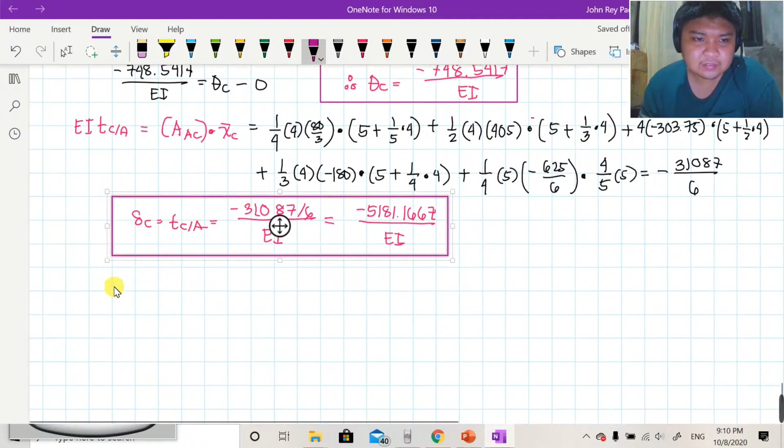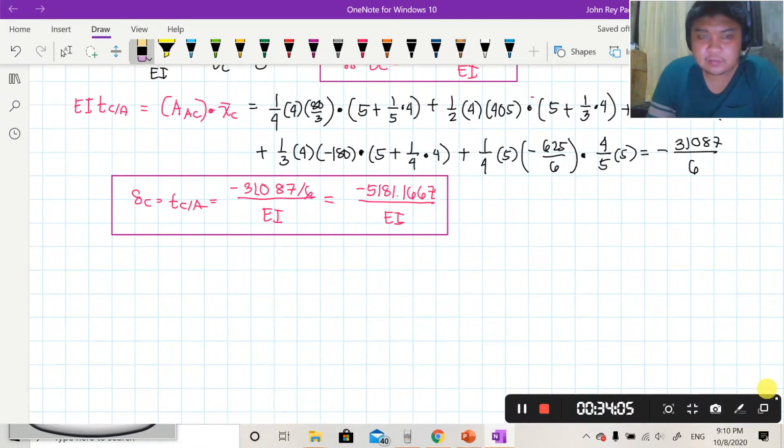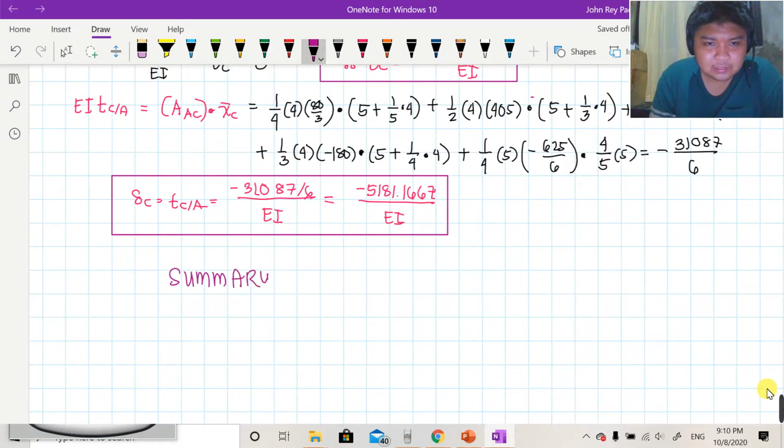So, to summarize, lagyan na natin to ng summary nang matapos na rin to, class. So, summary. Dalawa lang naman yung tanong dito, no?